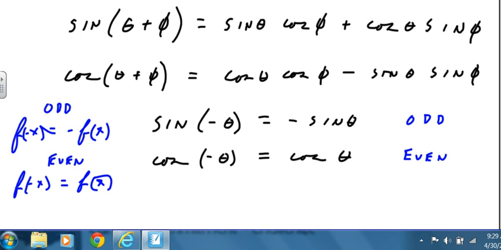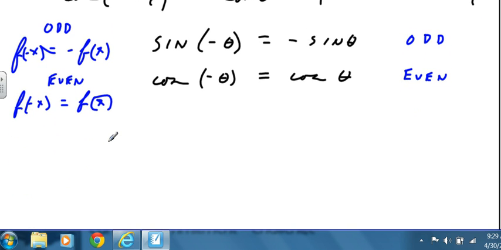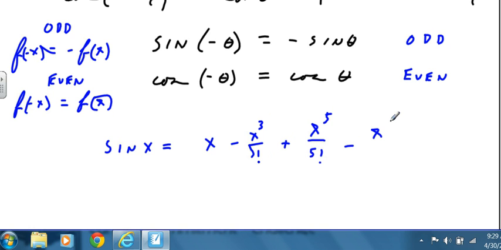Now, the math goes deeper than that, because the series approximation of sine x is going to be x minus x cubed over 3 factorial plus x to the 5th over 5 factorial minus x to the 7th over 7 factorial. You see a pattern yet? Blah, blah, blah.